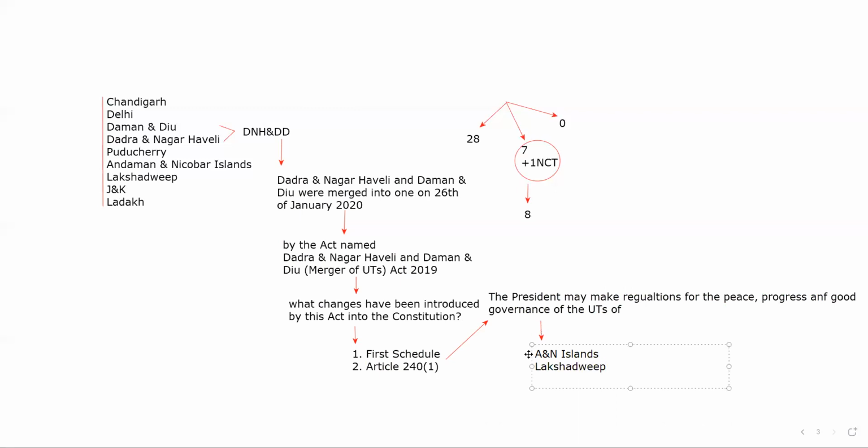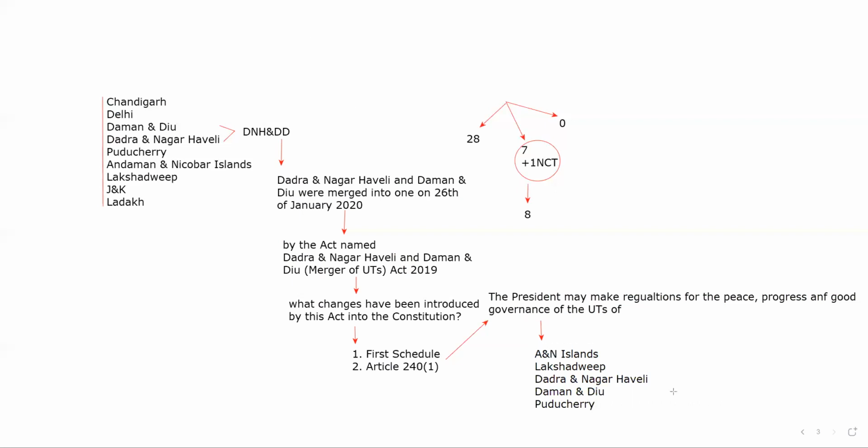Number three is Dadra and Nagar Haveli. Number four is Daman and Diu. And number five is Puducherry. So these are the names mentioned there for these UTs.